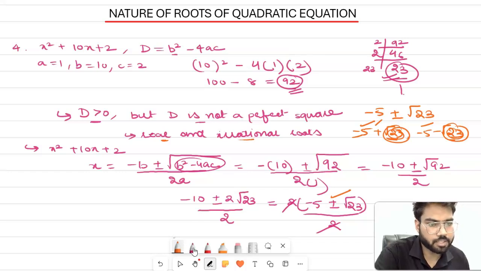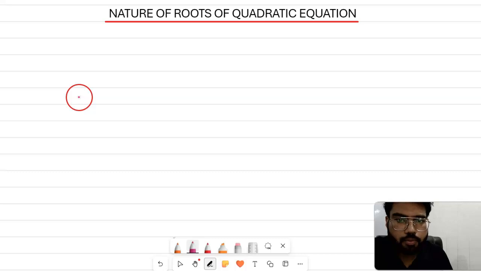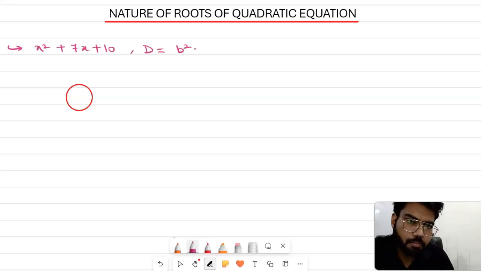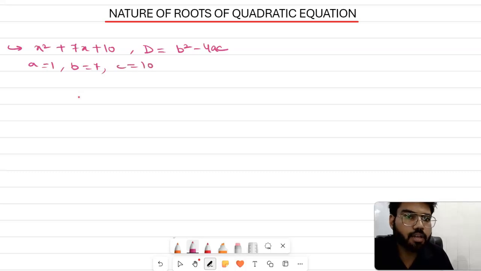So let's see another example. So the example is x square plus 7x plus 10. Now d is equal to b square minus 4ac. So here a is 1, b is 7 and c is 10. So now d is equal to b square, that means 7 square minus 4 into a 1 and c as 10.